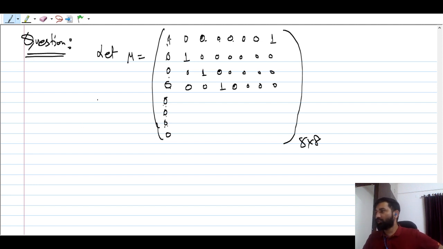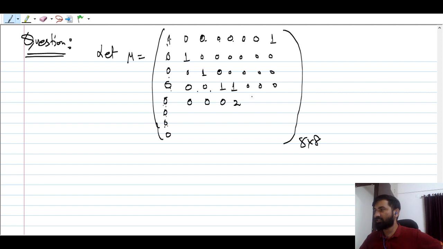So the fourth row is basically 0, 0, 0, and then this is 1. Now they have introduced one more 1 here, right? So you have to write like this, okay? Fine. Now the next one is 0, 0, 0, and then this is 0, and now it is 2.